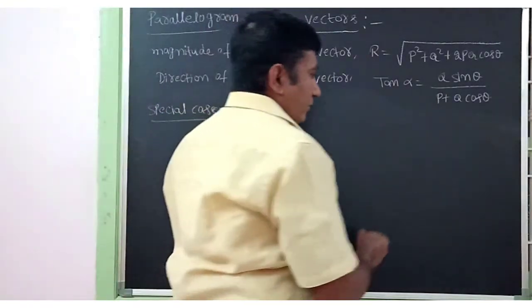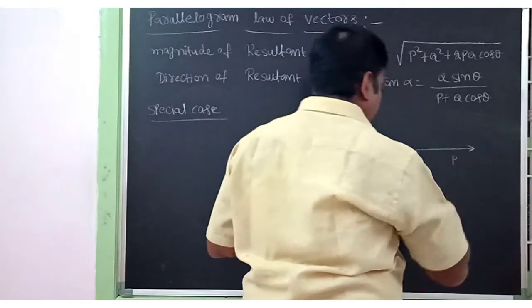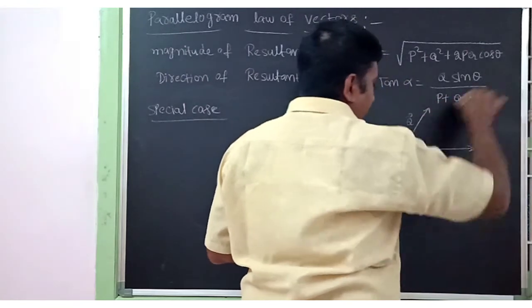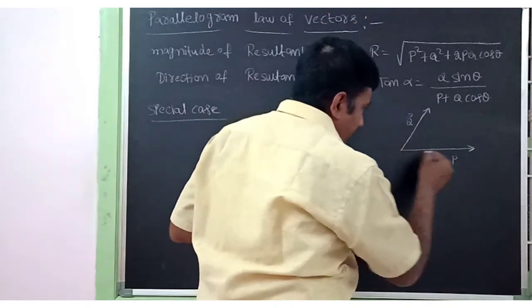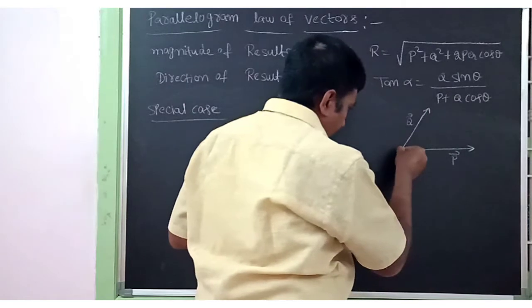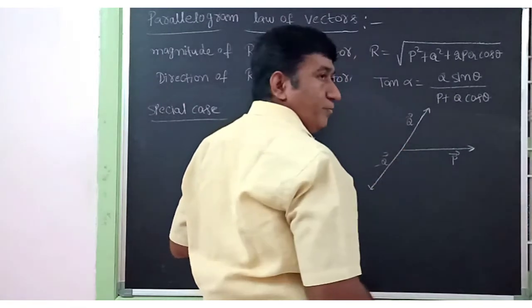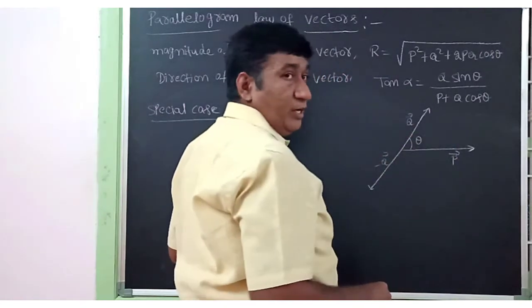Okay, so now we have taken this as the p vector, and this as the q vector, and the resultant vector is shown. Now if this represents the minus q vector, then what is this value? This value is theta, the angle between them.